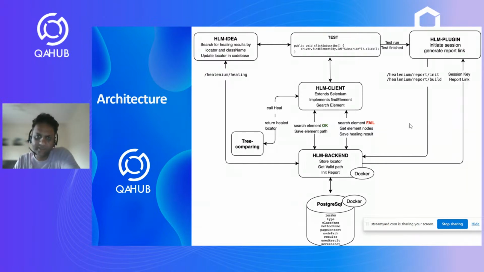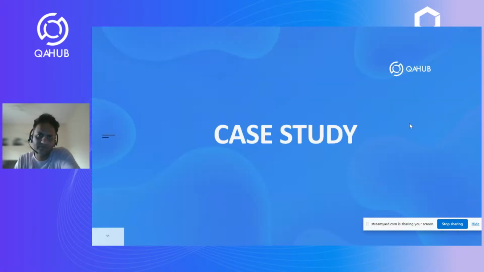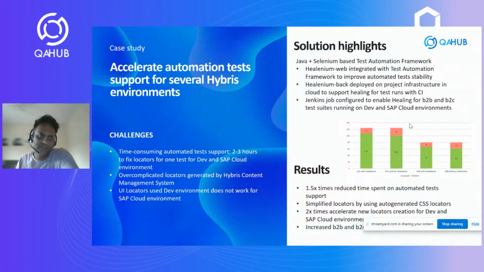Then we move next. So the Healenium report, which I showed you just now. A few case studies which I wanted to discuss, like there was a case study for a hybris environment. There we found that a lot of time-consuming automation tests were failing. There was a system based on SAP Cloud, and tests were failing often.